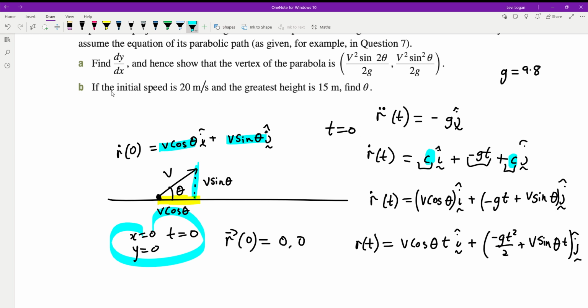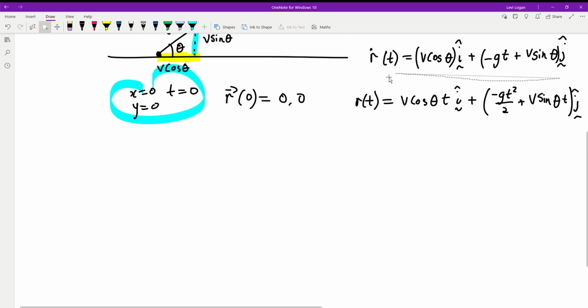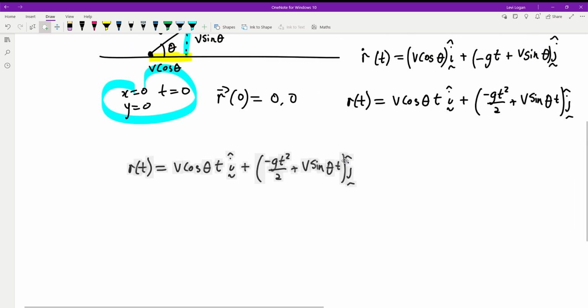Okay, now they want us to find dy/dx. There's pretty much two ways you can do it. You can use the chain rule, or you can create the Cartesian equation. We're probably going to create the Cartesian equation because you need to show this vertex is true. Converting this to Cartesian isn't too difficult. We're just going to convert it back into parametric equations and then substitute them into one another.